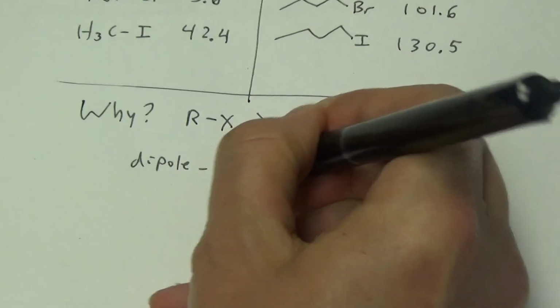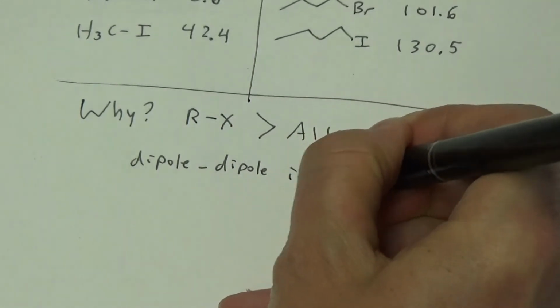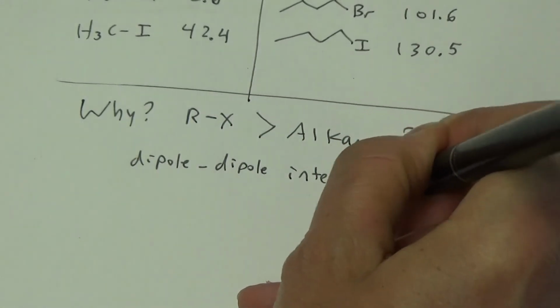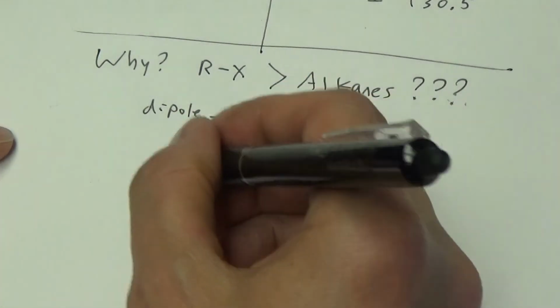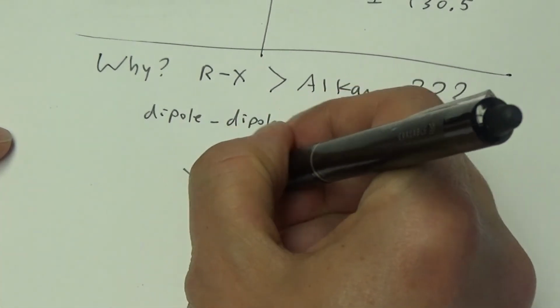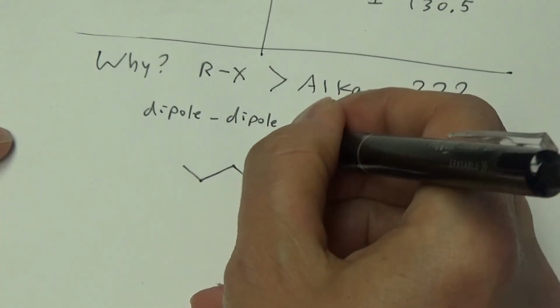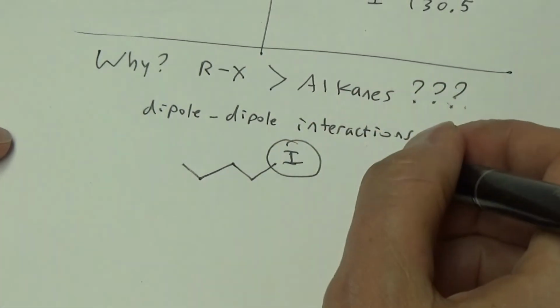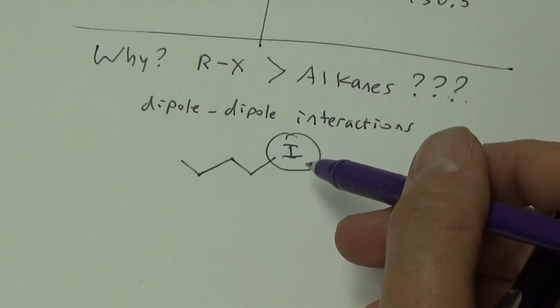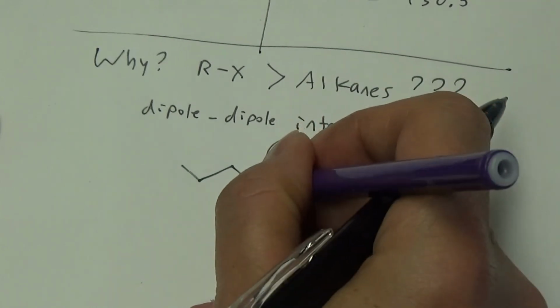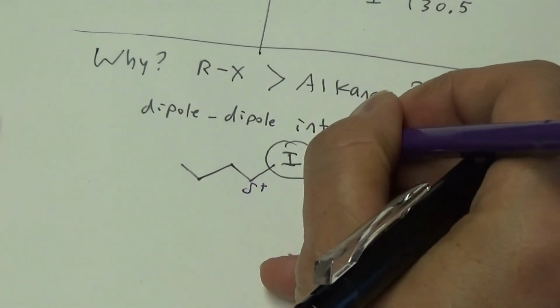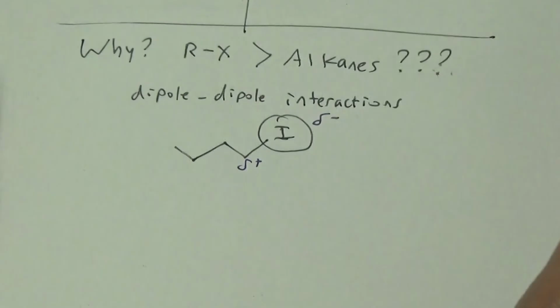Dipole-dipole interactions. So if you think about iodine, which is a big atom there, what are the charges around iodine? Well, the carbon is kind of delta positive, as we talked about. The iodine is kind of delta negative, right?